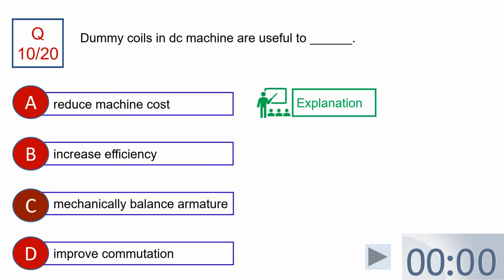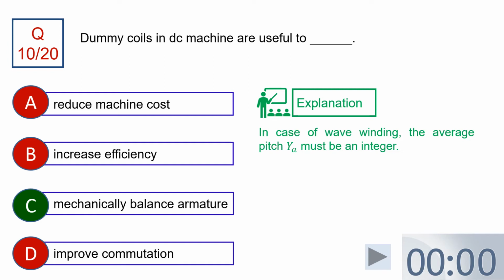Correct answer is option C. These dummy coils are required in case of wave winding. In case of wave winding, the average pitch, that is Yc, must be an integer, and therefore sometimes we have to change the number of armature conductors, and in that case some slots will remain empty.